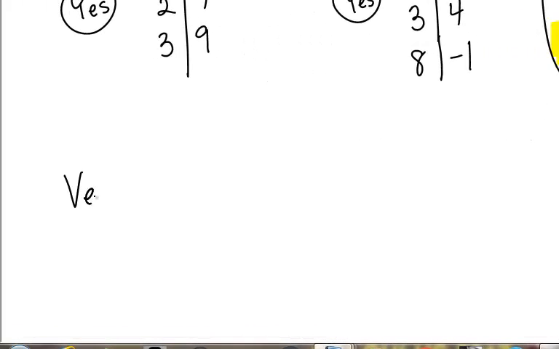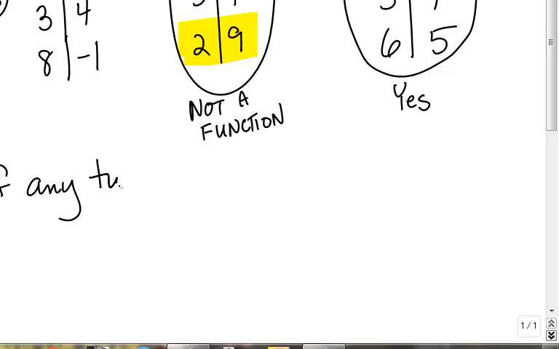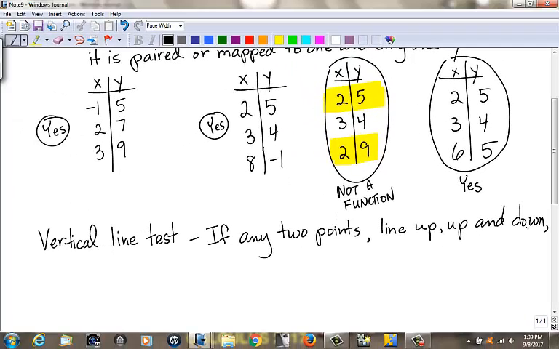And what you learned in your ALG2 was the vertical line test. On the vertical line test, if you graphed any of those tables, if any 2 points line up and down, basically vertically, then it is not a function.